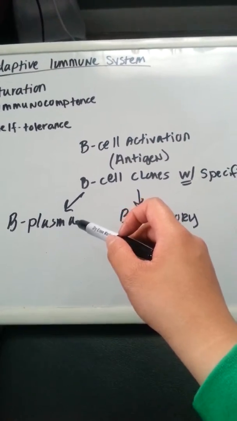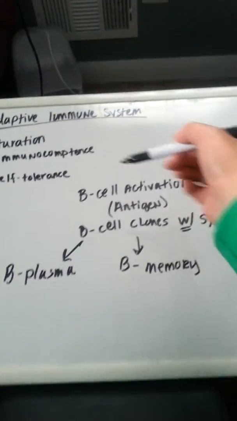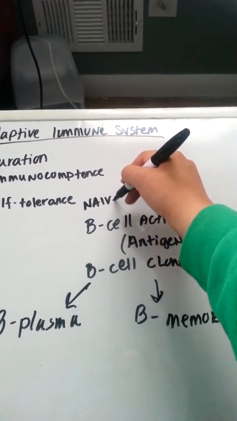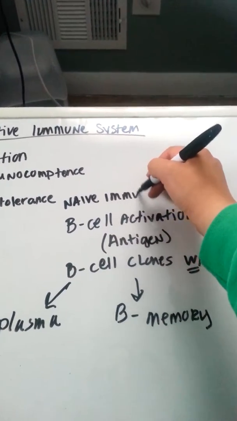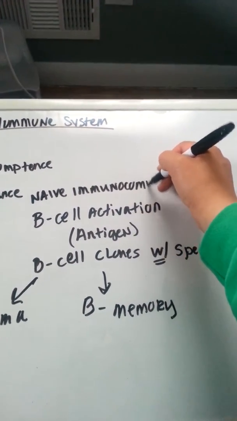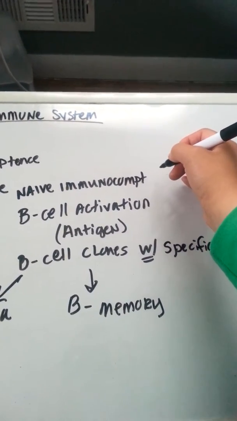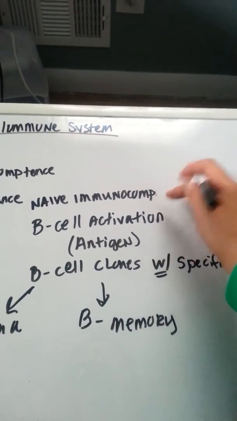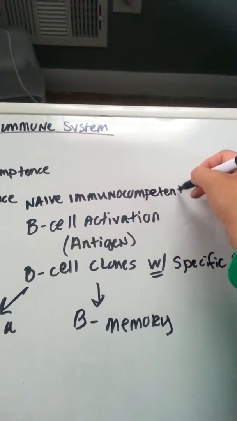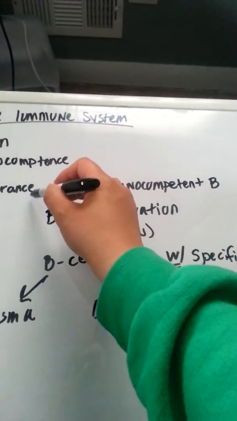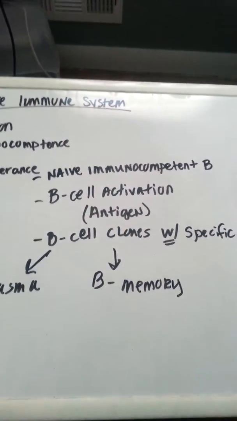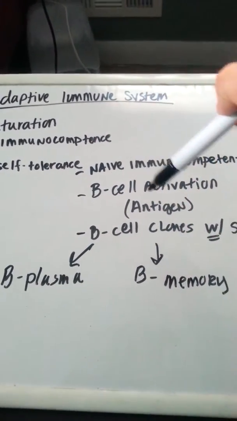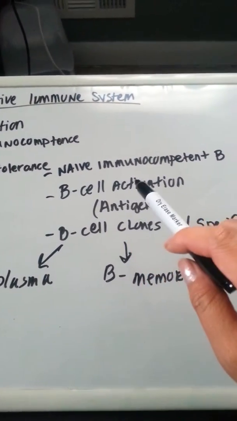Now this is the secondary immune response, and the primary immune response. Again, B cell activation. Let me write naive immunocompetent B up here. Once it reaches these two, it has matured, and it is now called naive immunocompetent.